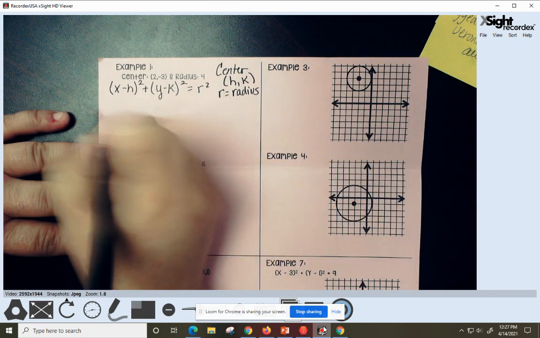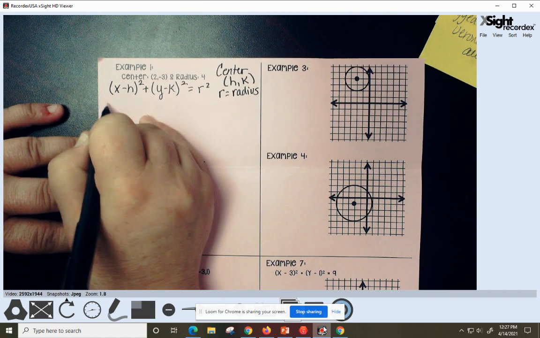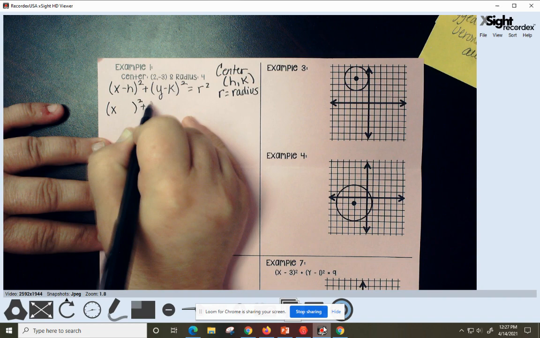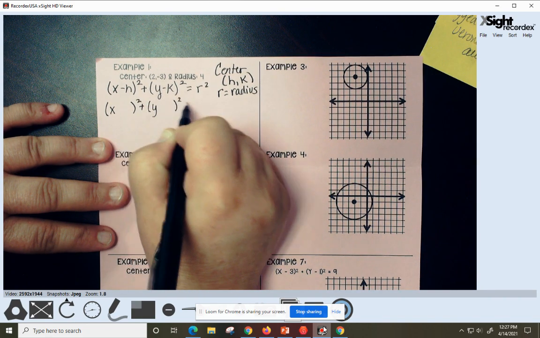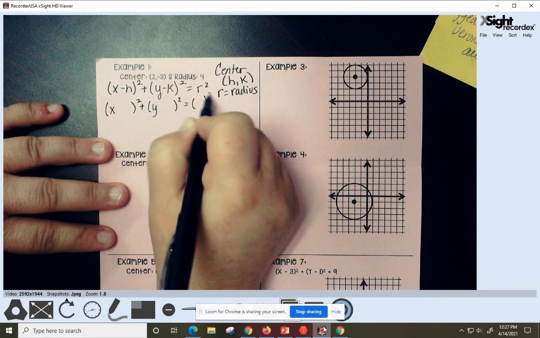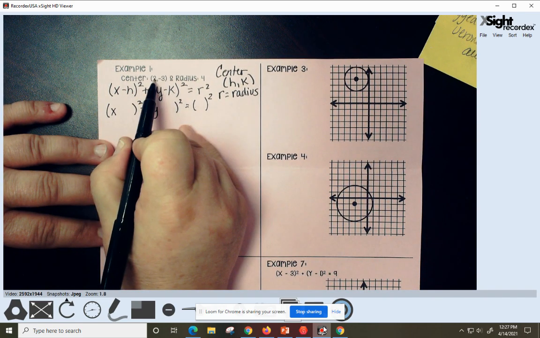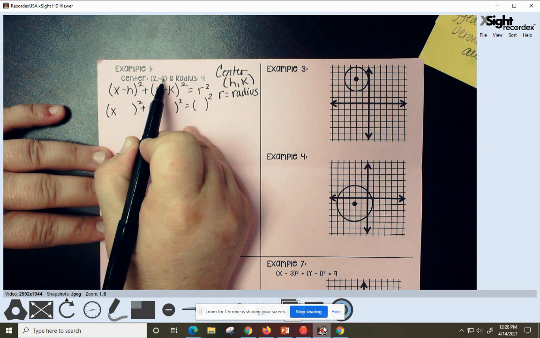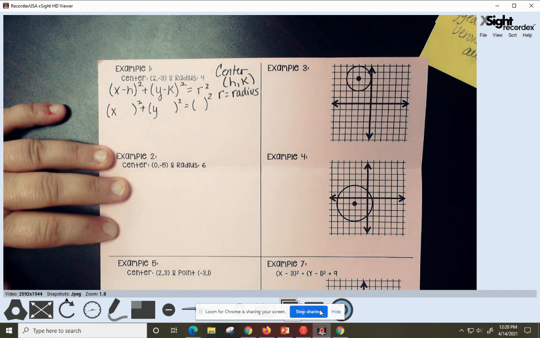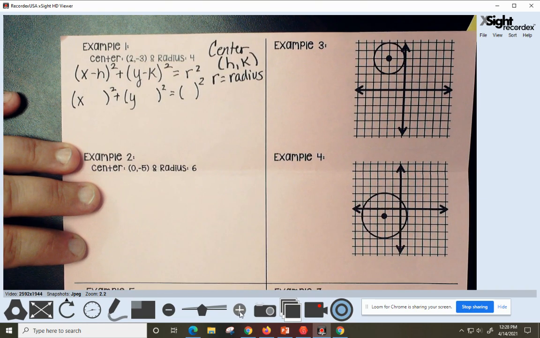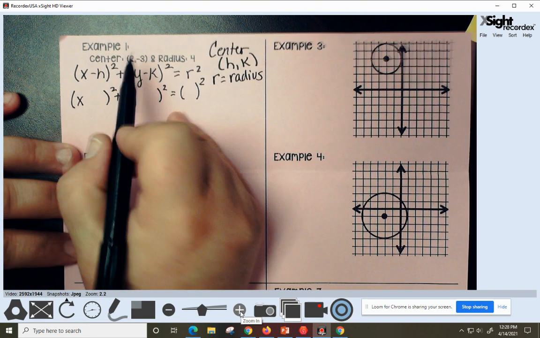Now, what I told the kids in class to do was write your shell here. Basically, I'm leaving out the h, the k, and the r. Now, when you get ready to plug this in, this is going with your x, this is going with the y. And go ahead, when you do that, change the signs. So I'm not going to plug in a positive 2.